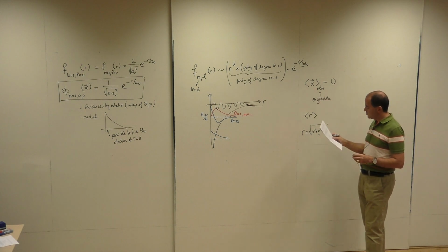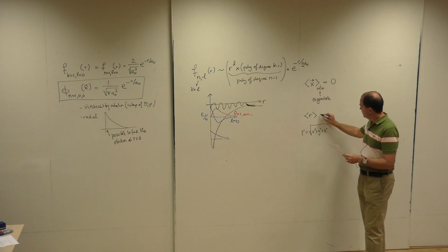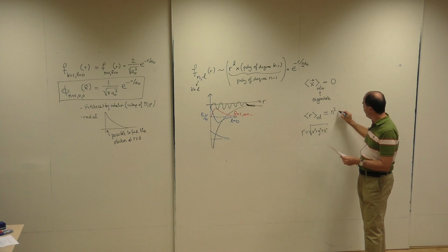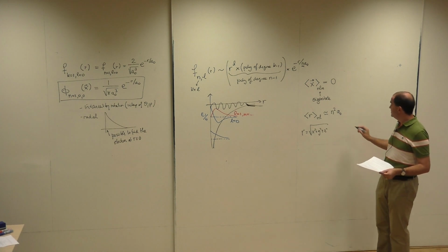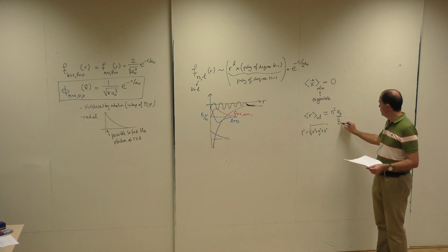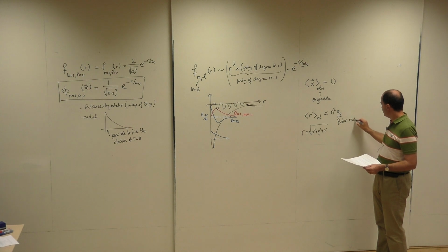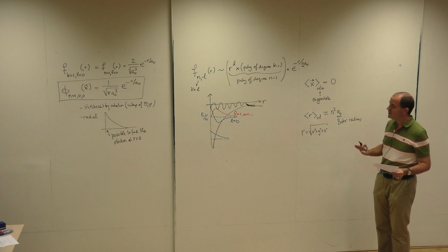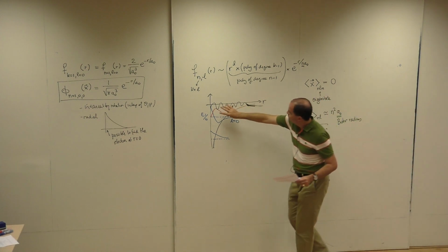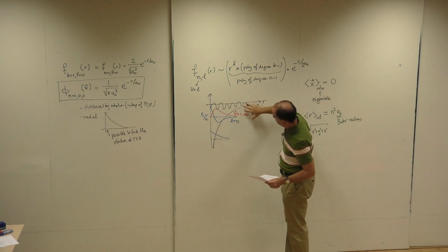So the average r depends on n and l, and is something that is not too far from n squared a0. This a0, called the Bohr radius, by the way, I should have mentioned it before, somehow quantifies where the average of these wave functions is.